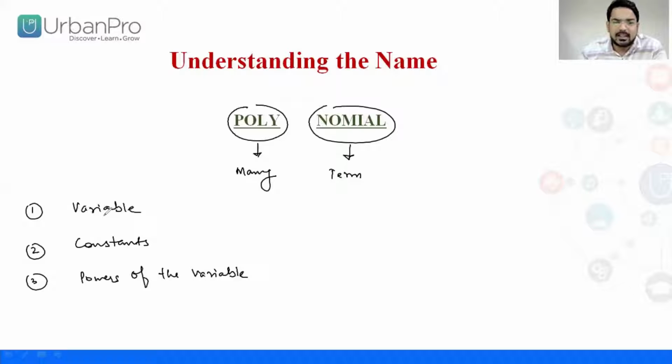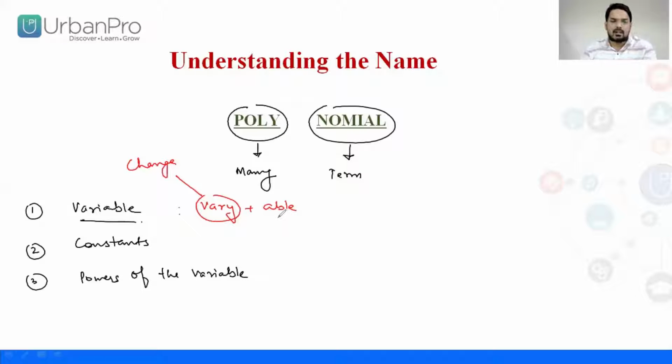Understanding the word variable, it is made from two words. The first one is vary and the second one is able. Vary stands for change, and able is the ability of that variable. So anything which can change will be termed as a variable. In mathematics, in general, we use x, y, z as our variables.